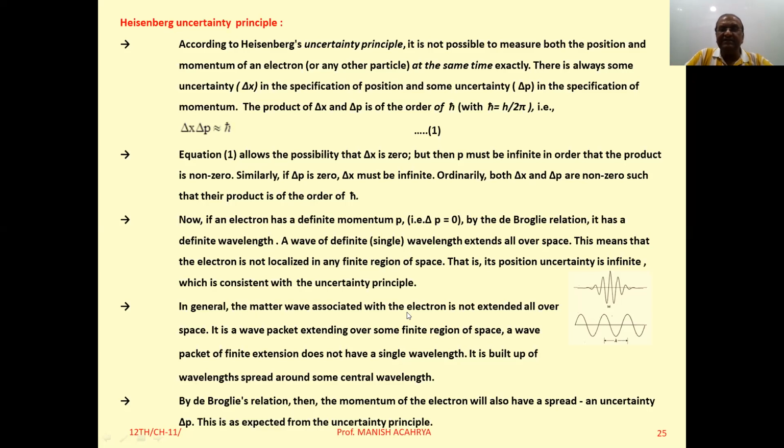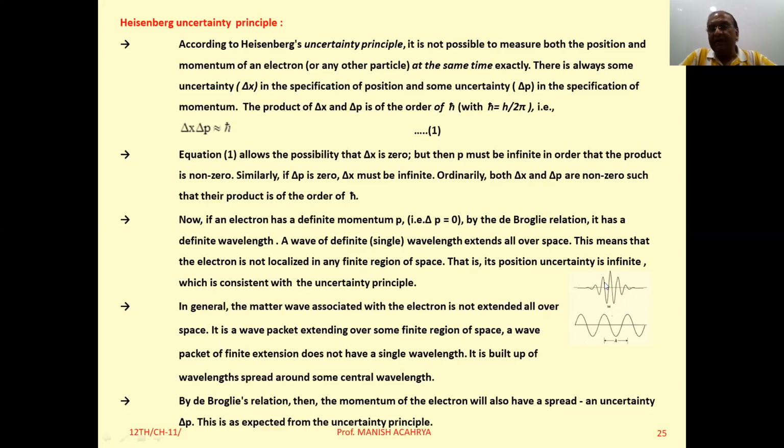When these wavelengths superpose, the activity of the resultant wave is restricted to a finite region. In the figure, the amplitude of the resultant wave is maximum there, and where the amplitude is maximum, the probability of finding the particle is maximum. In this way we can fix the position of the particle.